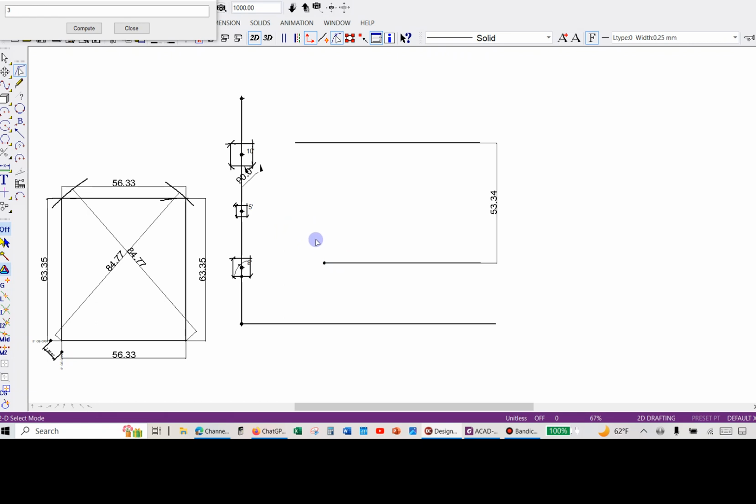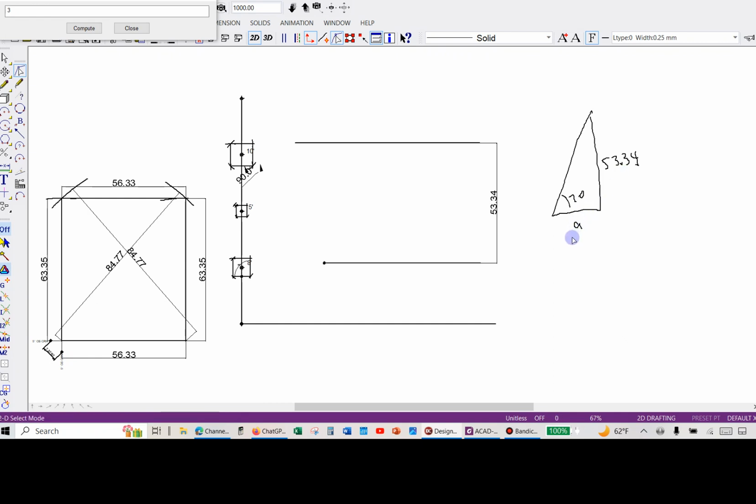So what you got to do is create your triangle. The way I do it is just sketch out my triangle like this. This is 70, and this is 53.34. I got to lay that out so I know this is the leg, this is the opposite leg, and this is the adjacent leg, right?